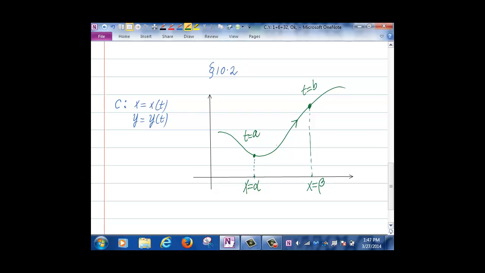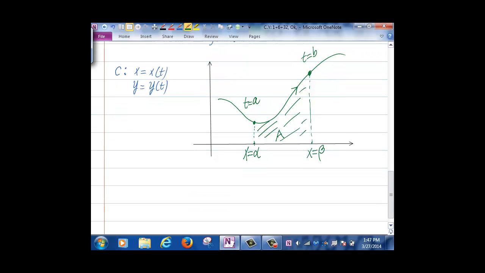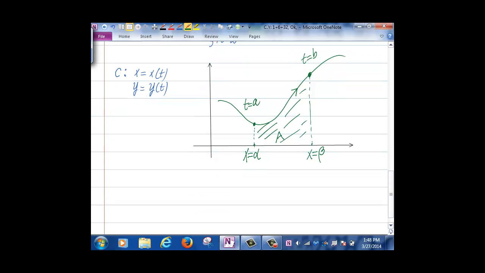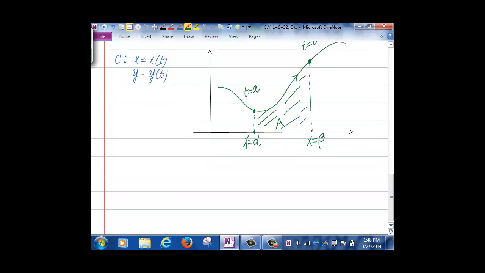So my question to you is, what is the area below the curve and above the x-axis? So here the area A, well, think of y as a function of x.